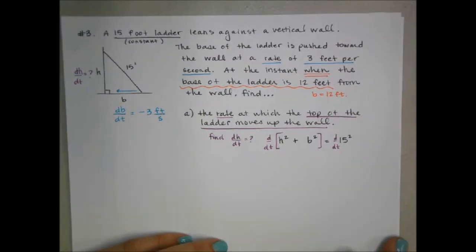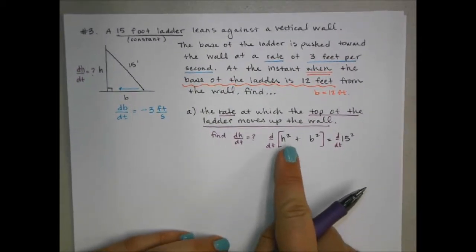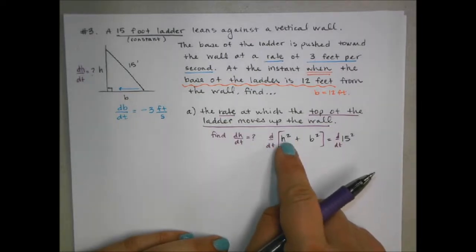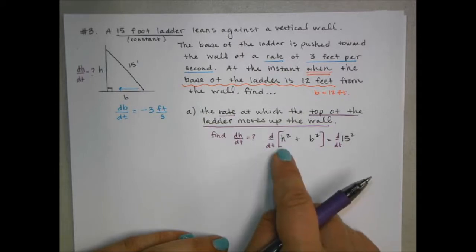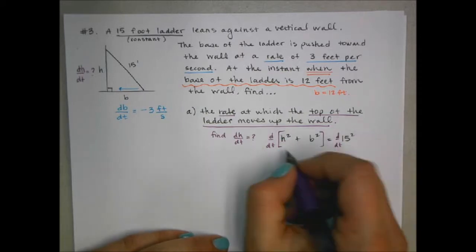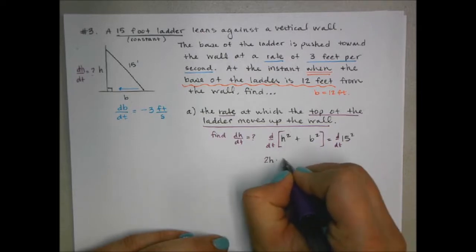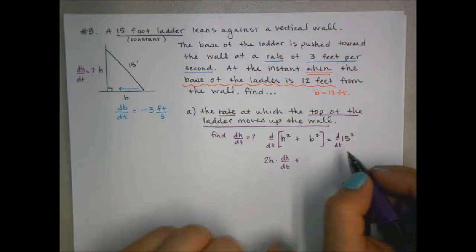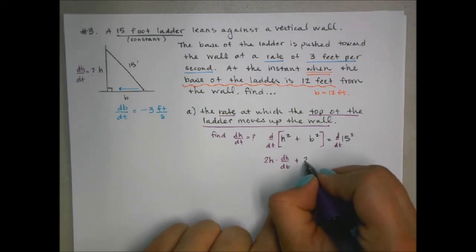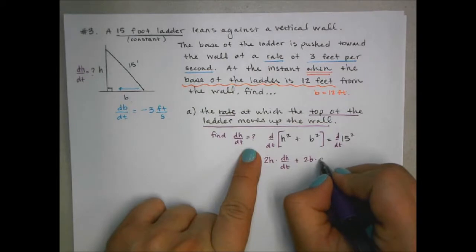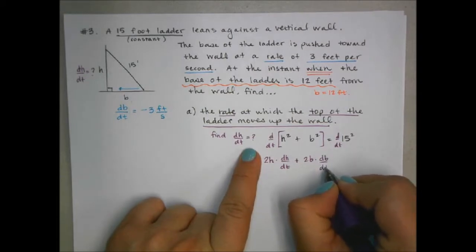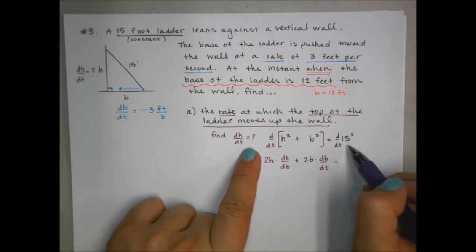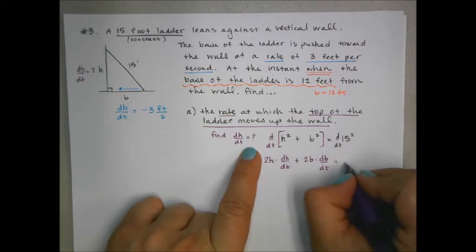On the left side, the derivative of H squared gives 2H times dH/dt, plus 2B times dB/dt. On the right side, the derivative of 15 squared doesn't matter what that is, it's just a number. The derivative of any constant is 0.